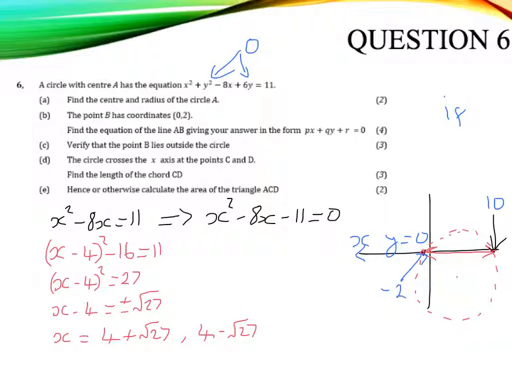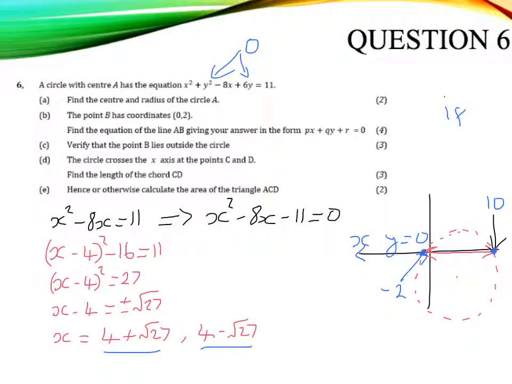How would we work out the length between here and here? Well, we'd take this point and we would minus this point away from it. 10 minus minus 2 gives us 12. So it would have been 12 if those were the points. Now they're not the points. The points, in fact, are these surds here. But we can use the same process. So how are we going to work it out?